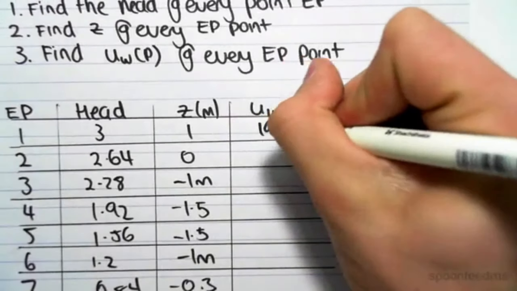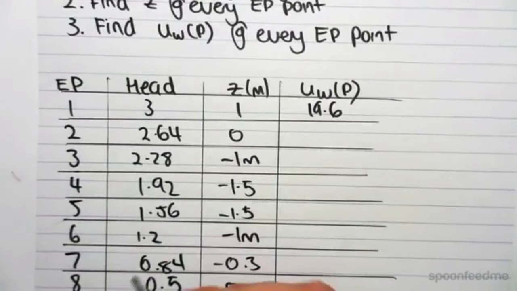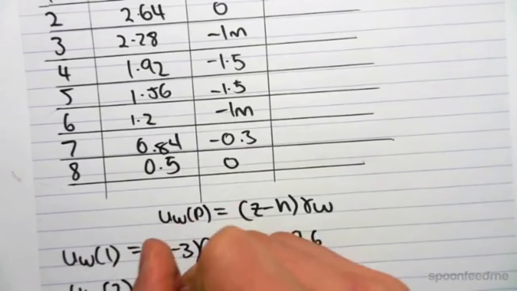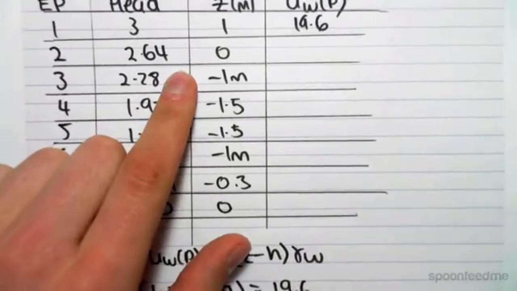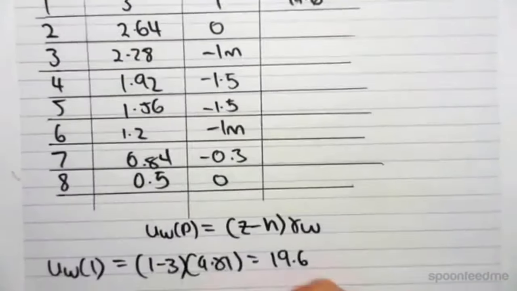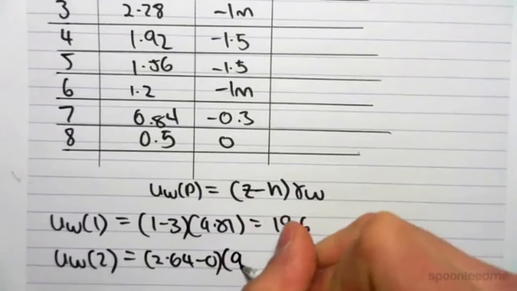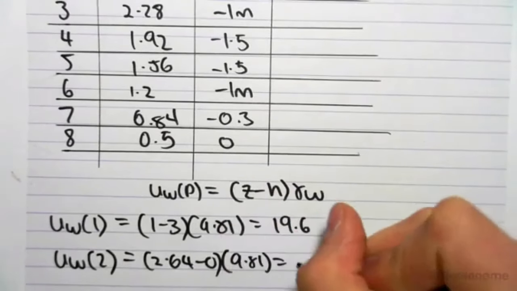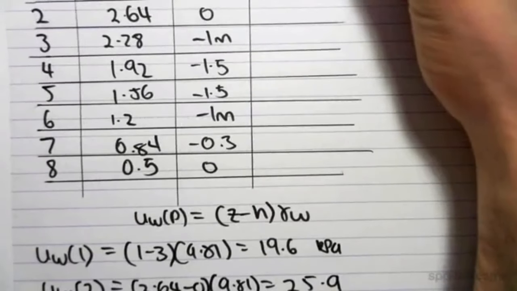I'm going to do three of these just to show you. EP2: the water pressure at EP2 would be 2.64 minus 0, times 9.81. So that would give us 2.64 by 9.81, 25.9, and this is in kPa.